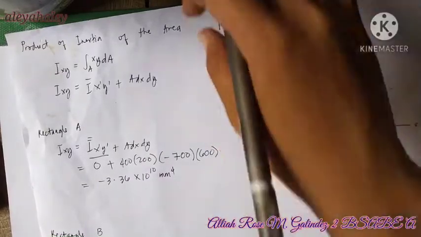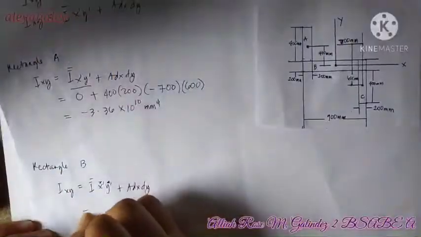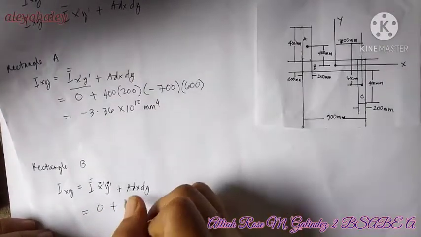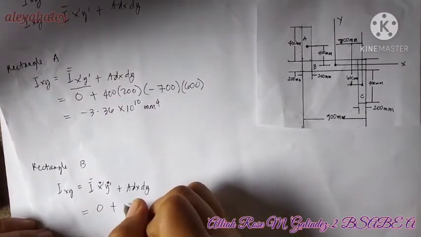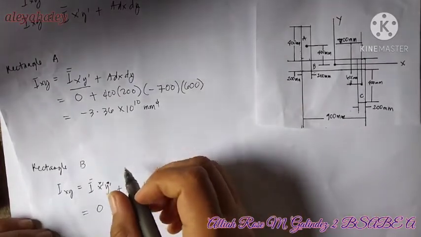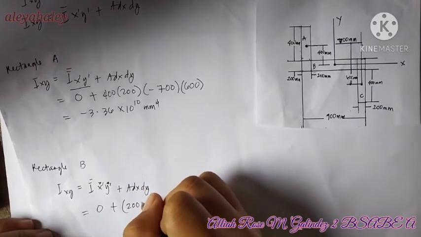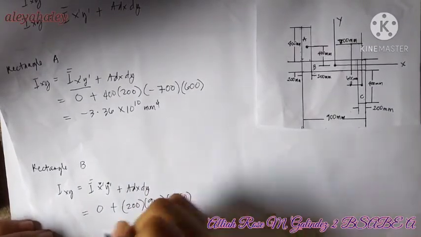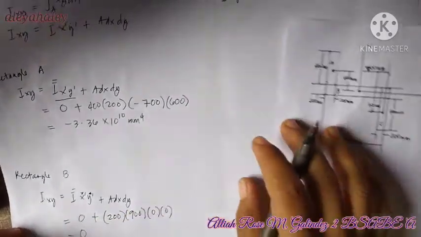And next one, for the rectangle B, 0 plus area, 200 times 900 times 0 times 0, so this is already 0.